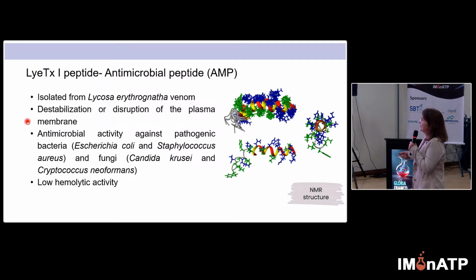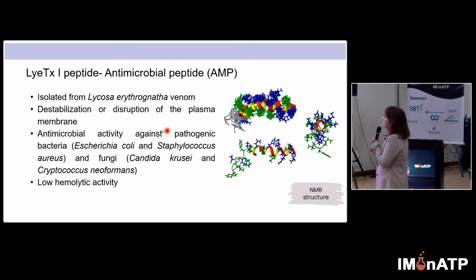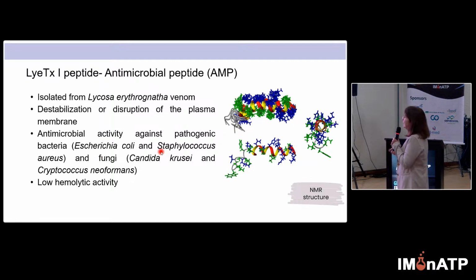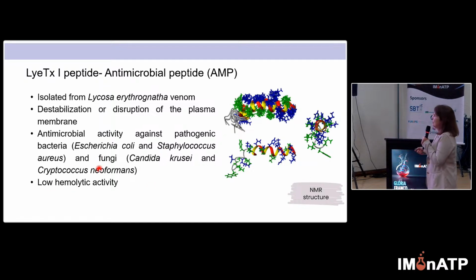They showed that this peptide destabilizes or disrupts the plasma membrane, depending on the concentration. It has antimicrobial activity against pathogenic bacteria such as Escherichia coli, Staphylococcus aureus, and also fungi, Candida krusei and Cryptococcus neoformans. And interestingly, it has low hemolytic activity.